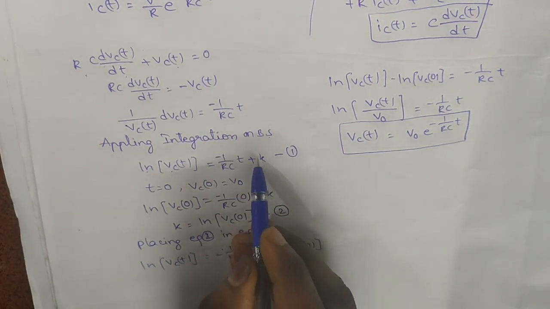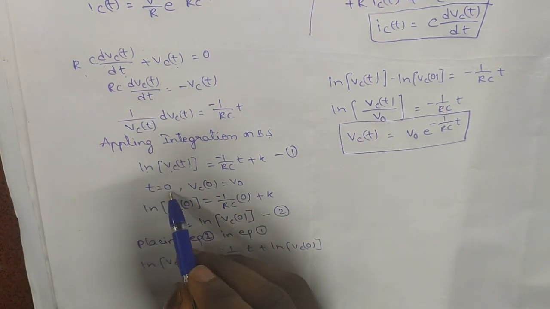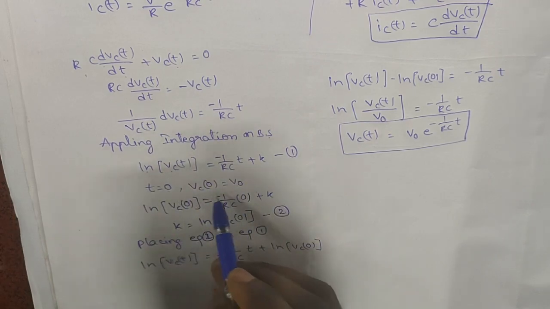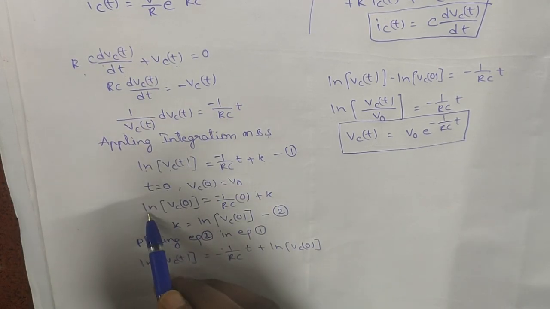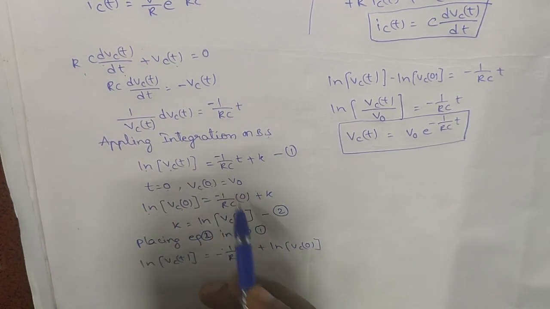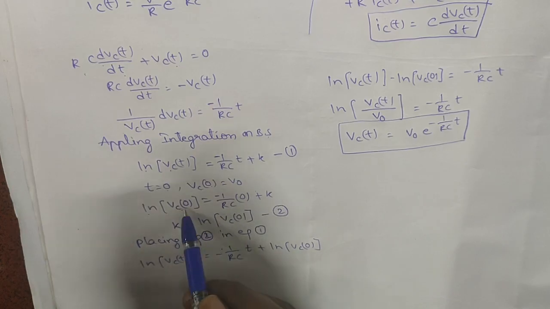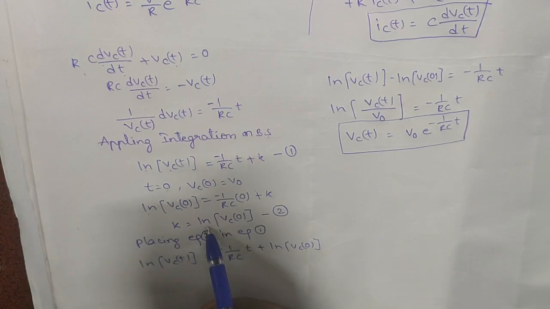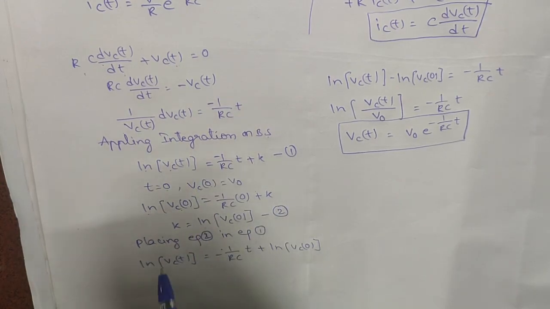plus k. To find this constant, we take the equation at t is equal to 0. At t is equal to 0, Vc of 0 is equal to V naught. So we got k value is ln of Vc of 0, which is nothing but V naught.